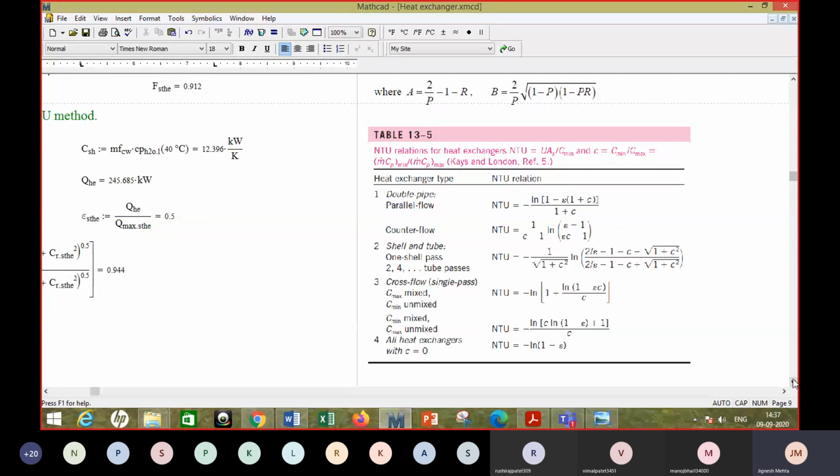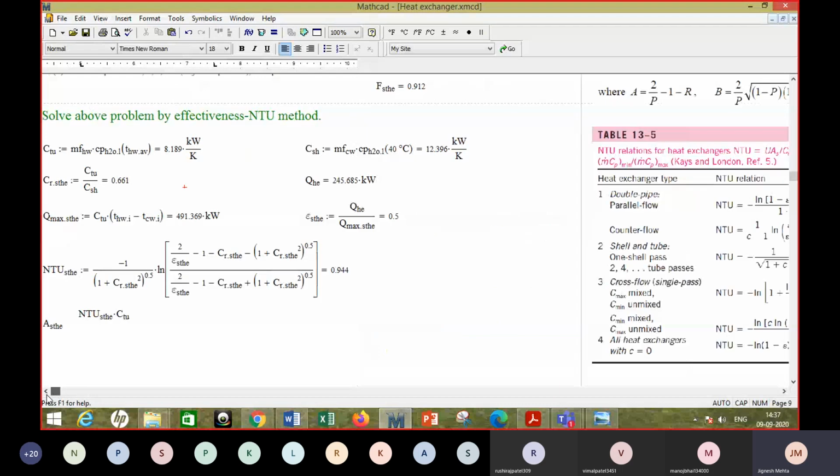So for double pipe there is a formula, then shell and tube. For a single shell side pass and multiple tube side pass, there is a formula. If it is a cross flow heat exchanger, then there is a formula. So similar to the formula for effectiveness as a function of NTU and CR, you can have formula for NTU as a function of effectiveness and CR also.